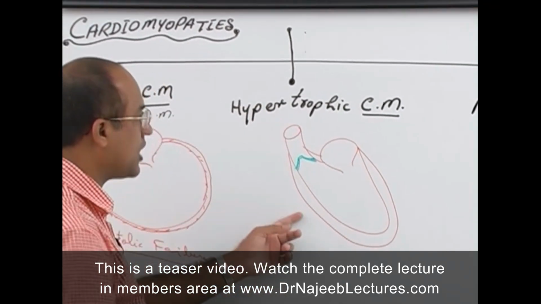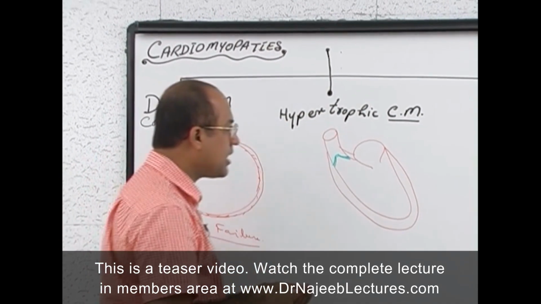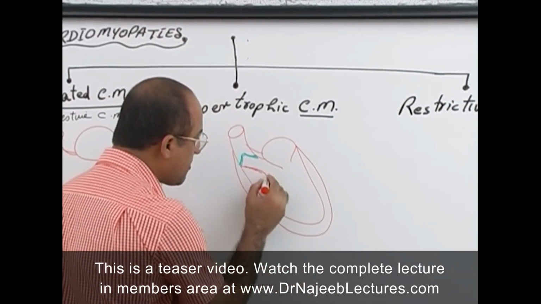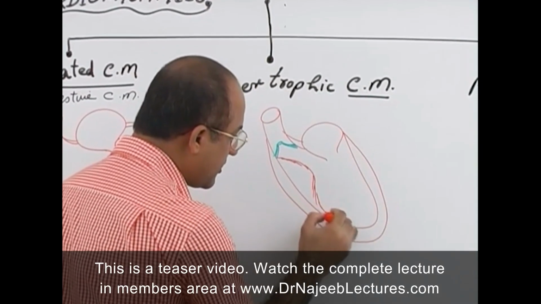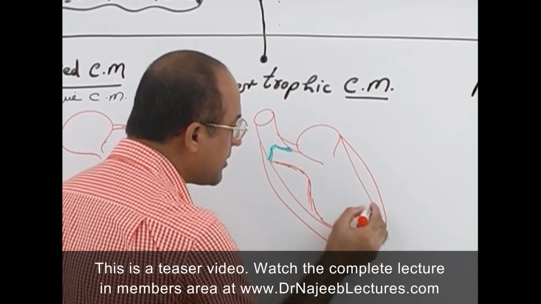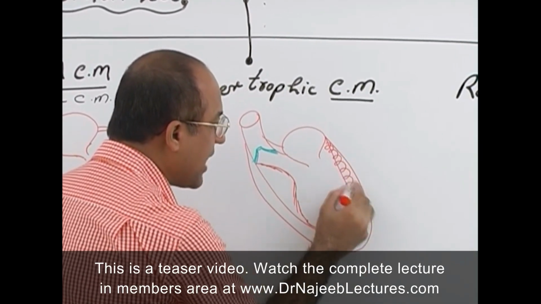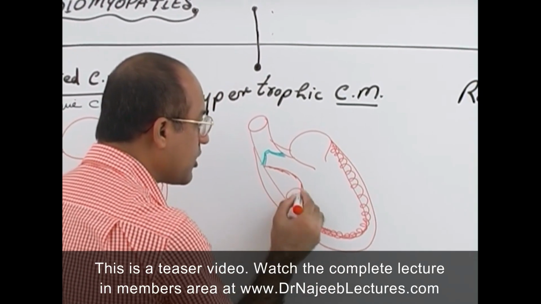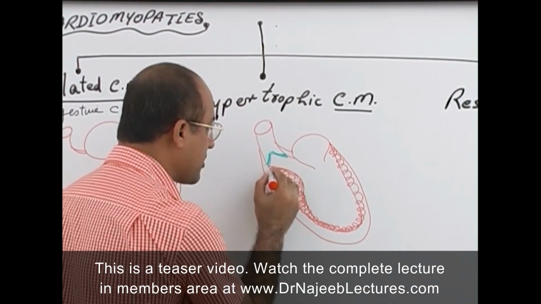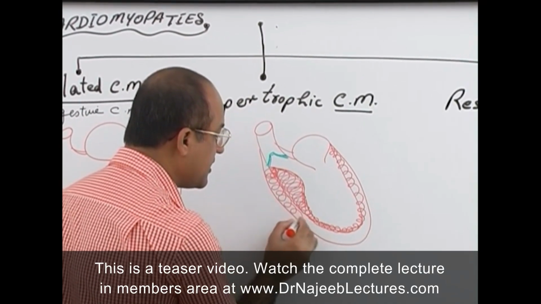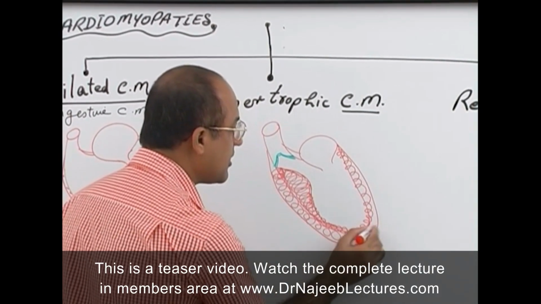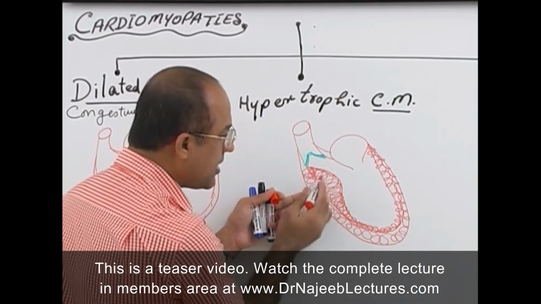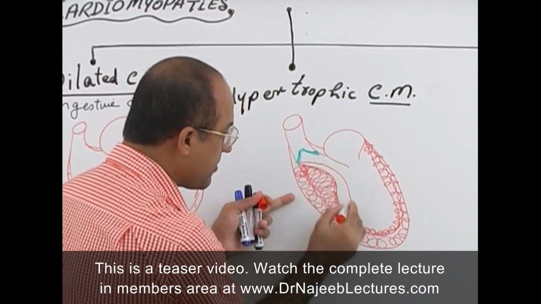Now, when it undergoes hypertrophic cardiomyopathy, it develops pathological hypertrophy, and especially this hypertrophy is very pronounced in the septum. Other parts of the myocardium are only mildly hypertrophied, but the interventricular septum is grossly hypertrophied, very severely hypertrophied. Which part of the septum? The upper part of the septum, right?